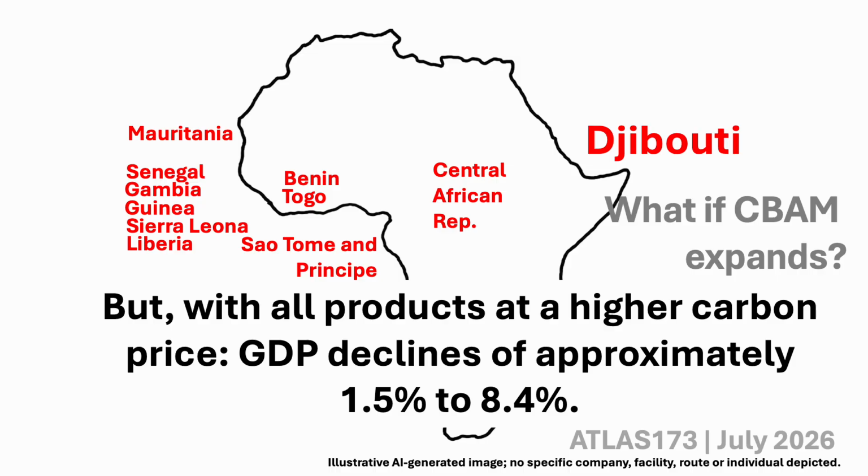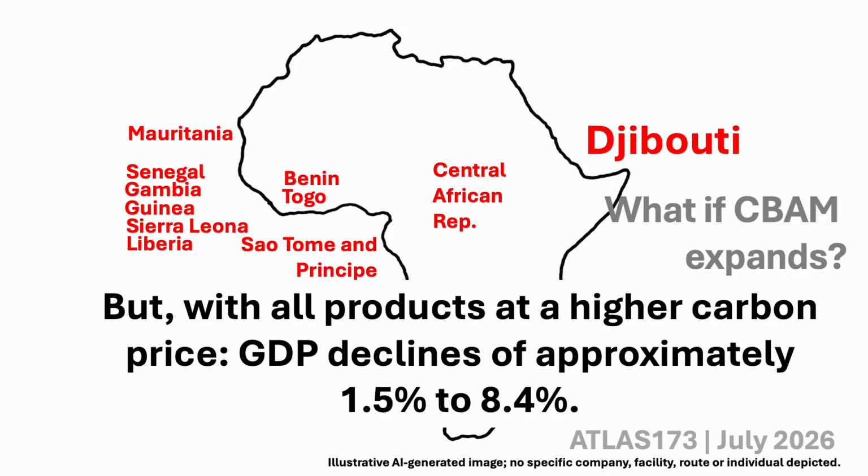Under that generalized scenario, 11 African least developed countries were projected to experience GDP declines of approximately 1.5 to 8.4%. It's important to notice that these figures are stress test results. They are not predictions of what the present CBAM will produce. And that's important to mention.